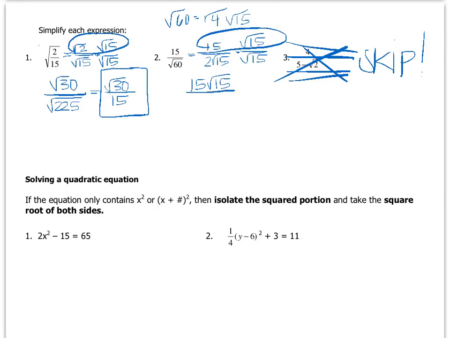On the bottom, I have 2 times, and we just found out that the square root of 15 times the square root of 15 is just 15. Now take a look. I have a 15 on top and a 15 on bottom. I can cancel those. So what I have then is the square root of 15 over 2. Okay? And so this is kind of the main idea as we're going through. You cannot have a square root in the denominator.